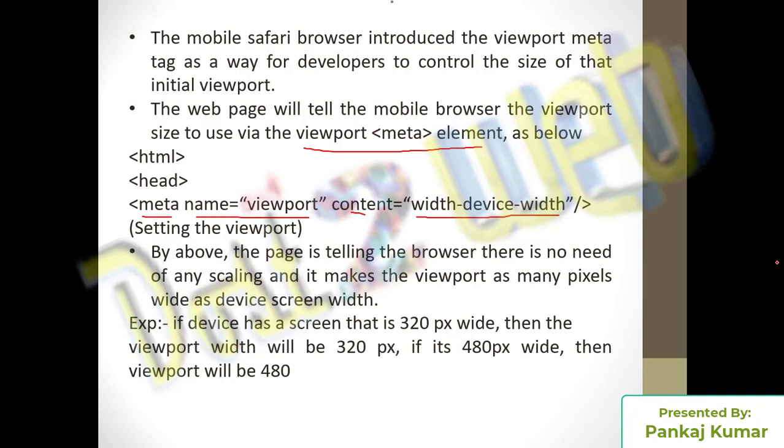If you define this, it is going to set the viewport, and by this you are telling the browser there is no need for any scaling. The viewport will be as many pixels wide as the device screen size. If the device screen size is 320 pixels wide, then the viewport will be 320 pixels. If it is 480, then it will be 480, and accordingly the viewport will keep changing.